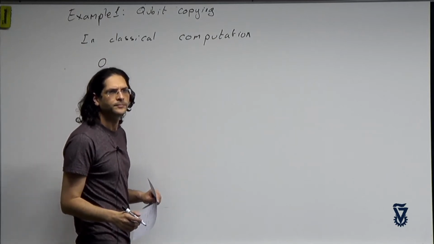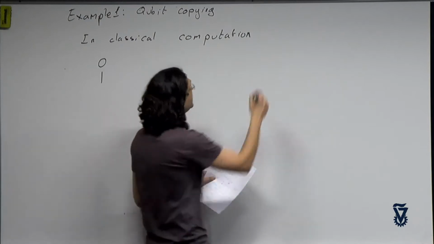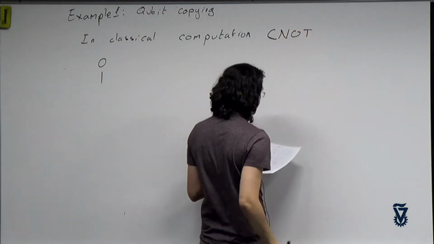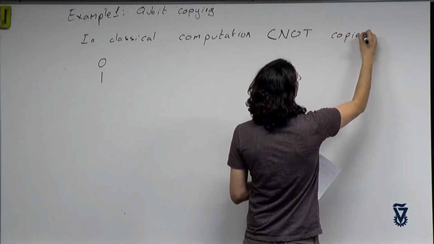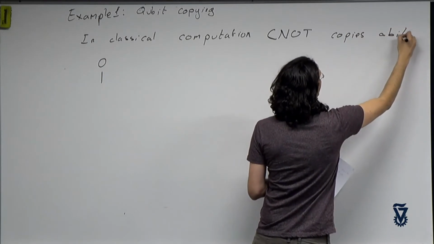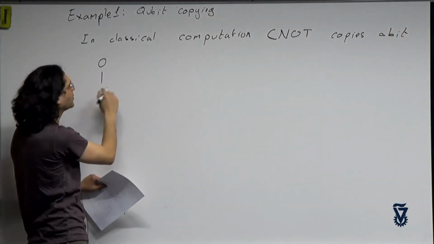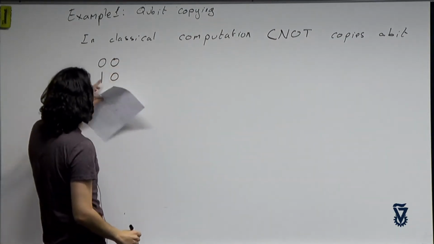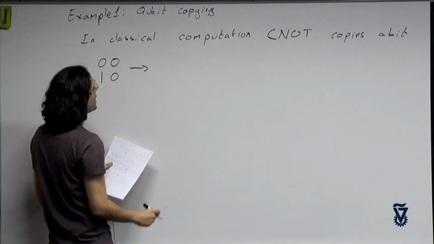Fan out. The CNOT, exactly. So you just apply a CNOT operation, and this copies a bit. So you have your unknown bit, it is either 0 or 1, and you have your ancilla friend that you want to copy this value onto. And then you apply a CNOT.